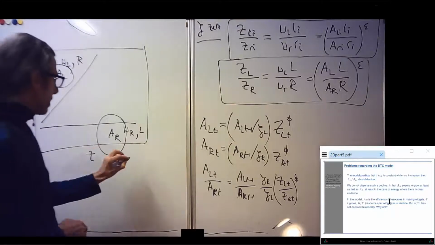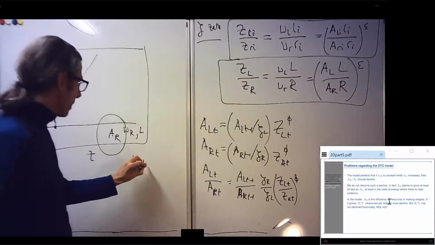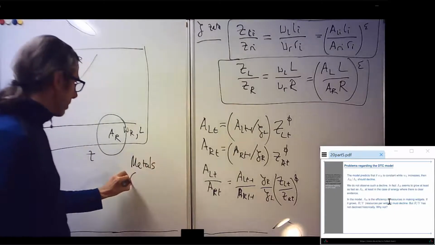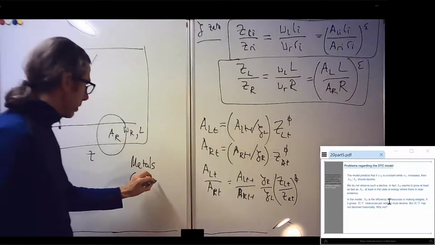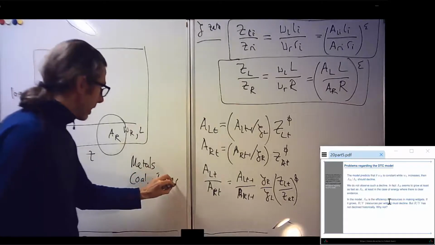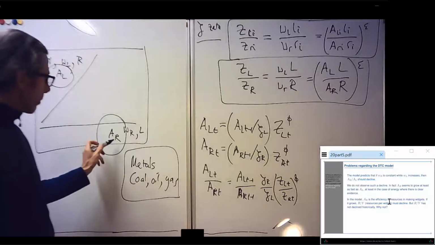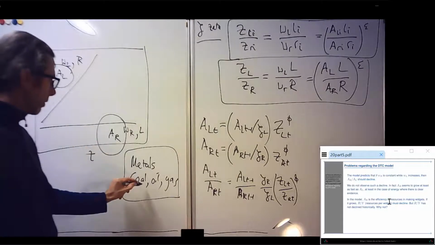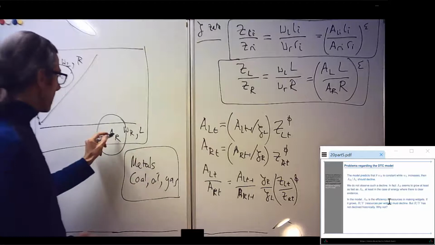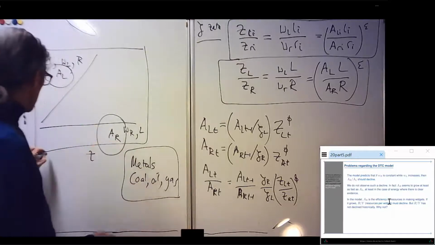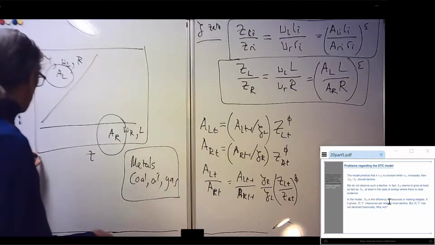If we think of metals, coal, oil, gas, this is saying we're not getting any more value per ton of metal or per ton of coal, oil, and gas today compared to what we were doing 100, 150 years ago.